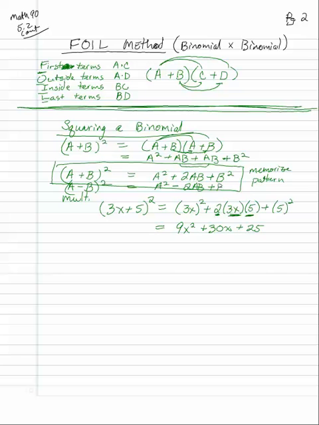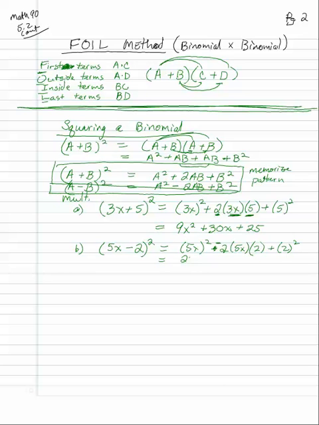The only thing that changes is that middle term becomes a minus sign. So if I had 5x minus 2 squared, I'm going to do 5x squared, 5x times 5x, minus 2 times the first term times the second term, plus 2 squared.